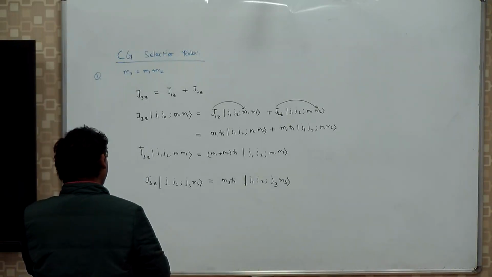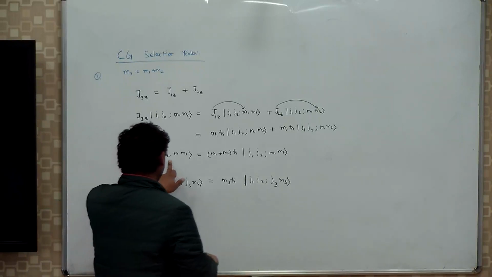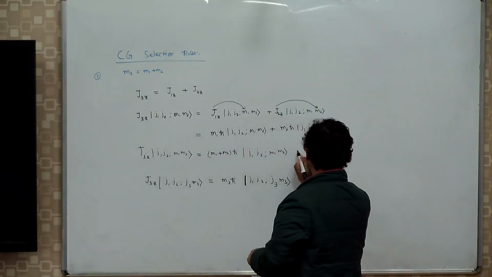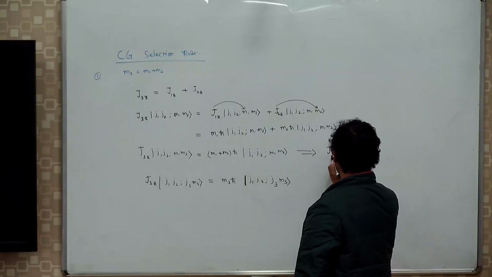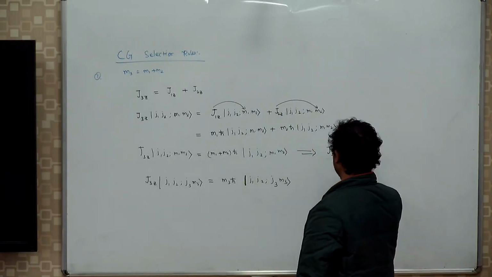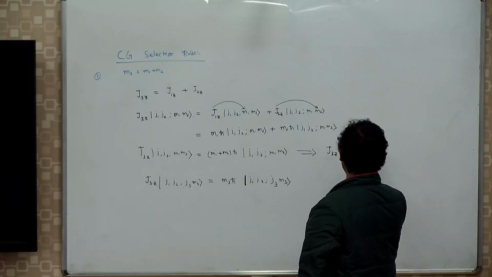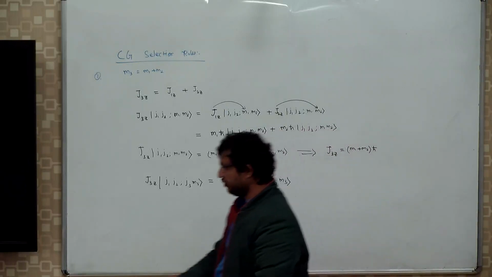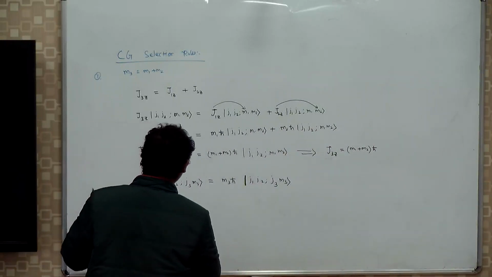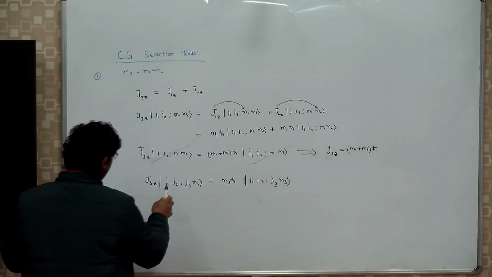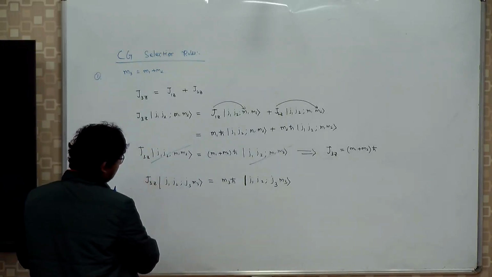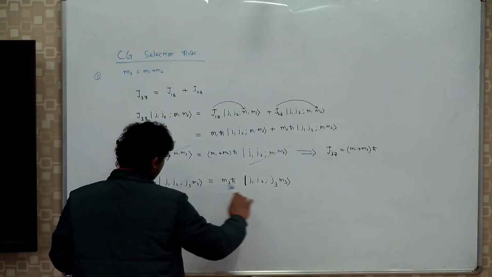So finally, from this equation, we can achieve the value of J3Z as M1 plus M2 times ħ. The ħ will be removed on both sides, and after the operator acts on the state, we can also remove the state vector.